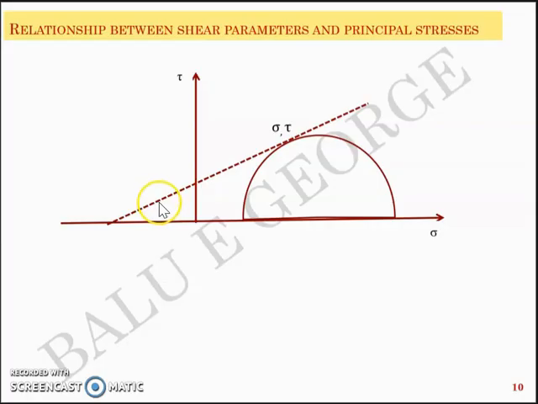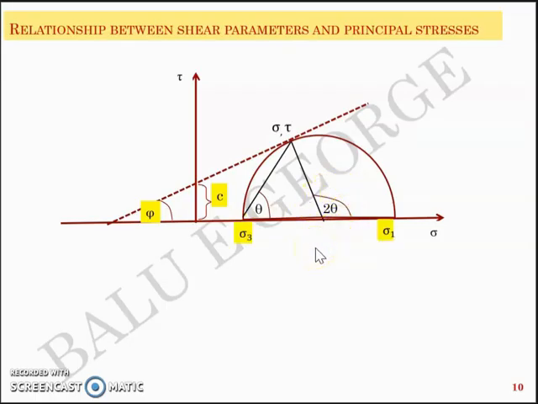The angle that this line makes is phi, the slope, and the intercept is C, the cohesive strength. And just like we discussed in the previous slides, you have theta marked here at the origin of poles and 2 theta marked here at the center of the circle.